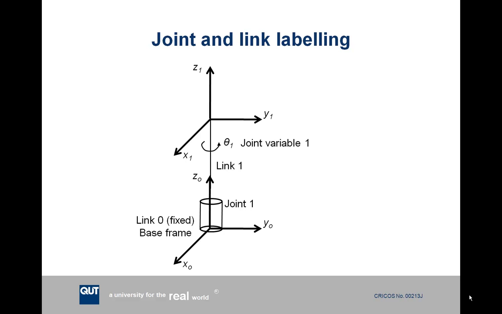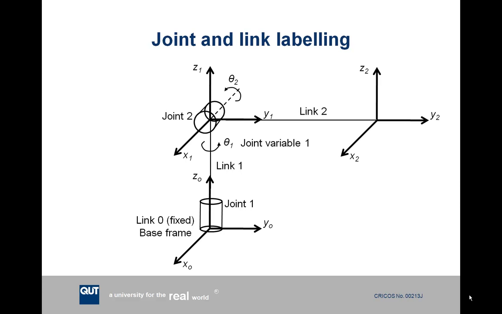Joint 1 is positioned where reference frame or link 0 is, and joint 1 has a joint variable. In this case, because it's a revolute joint, it has a joint variable called θ1. Joint 1 actuates or drives link 1, which has that joint variable θ1, and link 1 has its own reference frame, in this case positioned at the end of link 1, called x1, y1, z1.